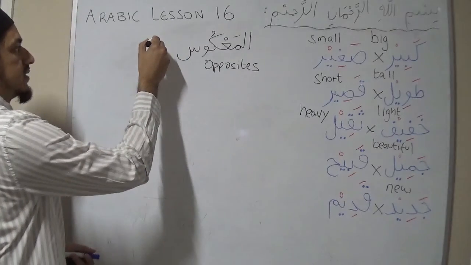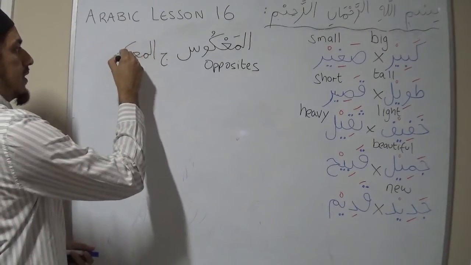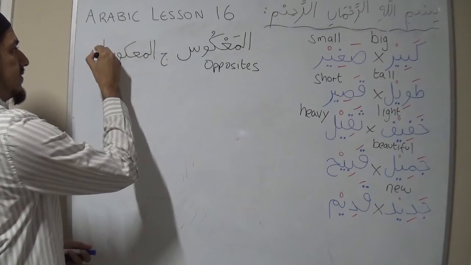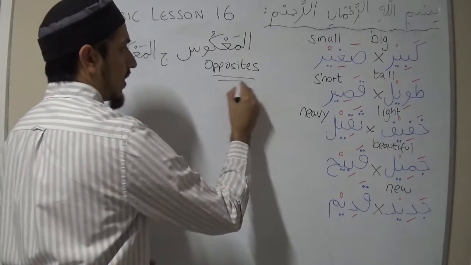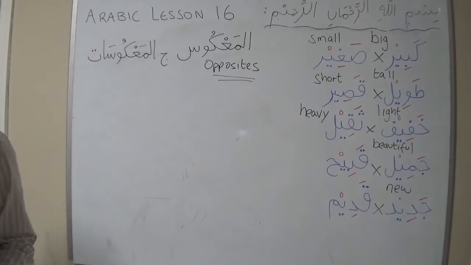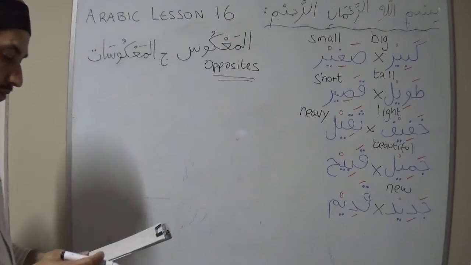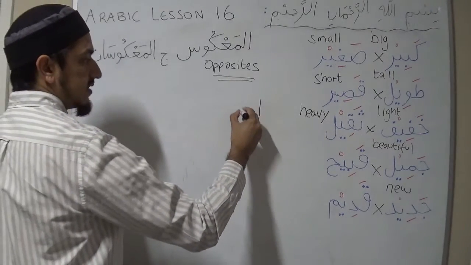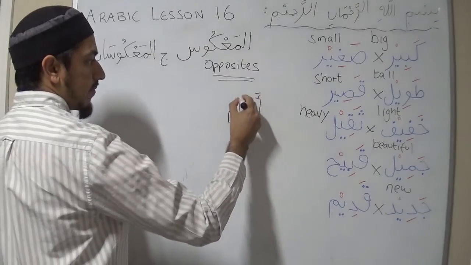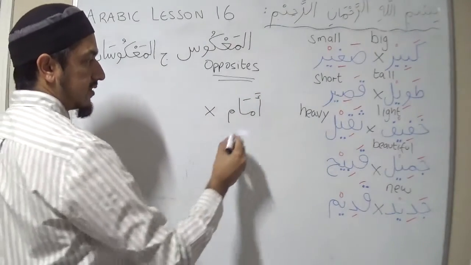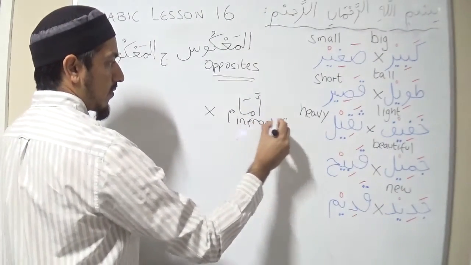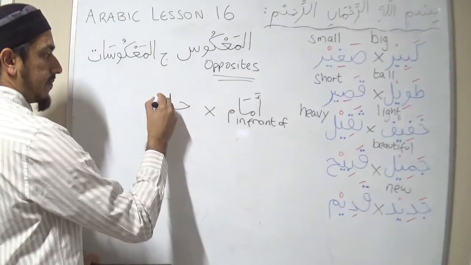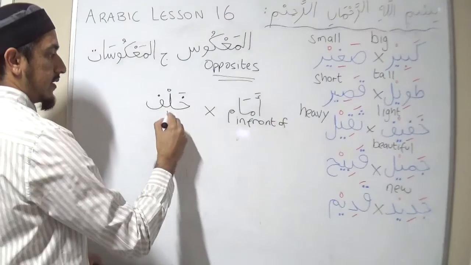Plural of ma'kus is al-ma'kusat with alif ta at the end, which is opposites. So for these words I have some we've seen previously, amama, and the opposite is khalfa, so that's in front of. Khalfa, behind.